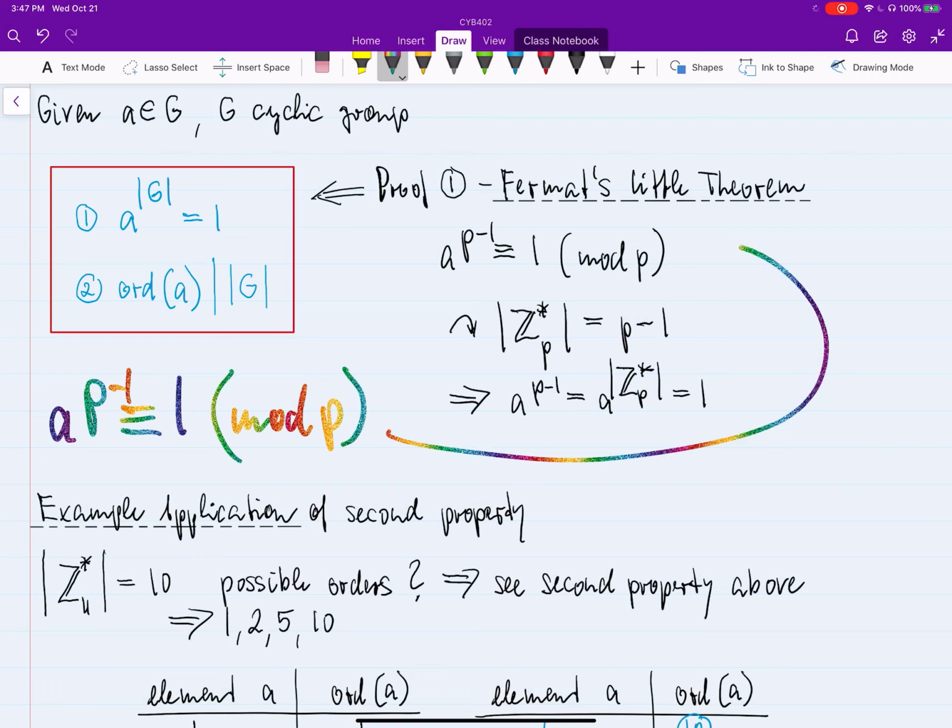And this is what you see here. Okay? So now, it is clear that the order of our group, if p is a prime number, is actually p minus 1. I said that already. So here we can replace that p minus 1 with the order of Zp star. And what we get is actually this here, which is exactly what the first property is.